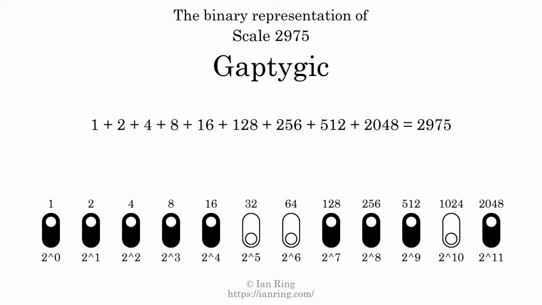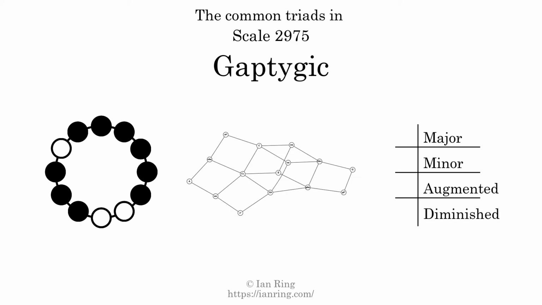That is why the scale number, in decimal, is 2975. The scale number not only enumerates the scale with a unique index, but it also literally describes the tonal content of the scale. Represented as a binary number in base 2, the scale number is 101100111111.